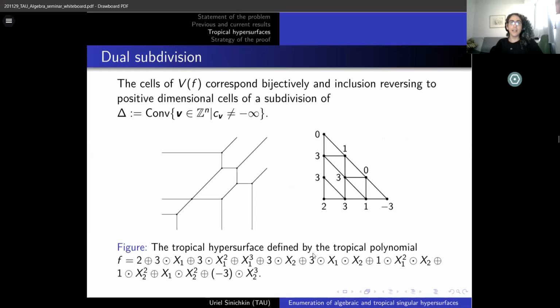Now, the main tool we use to study tropical hypersurfaces is the dual subdivision. So what is a dual subdivision? If we take the Newton polytope of the defining polynomial, and I remind you that the Newton polytope is the convex hull of the exponents where the coefficients are not 0 classically, and tropically the coefficients are not minus infinity.